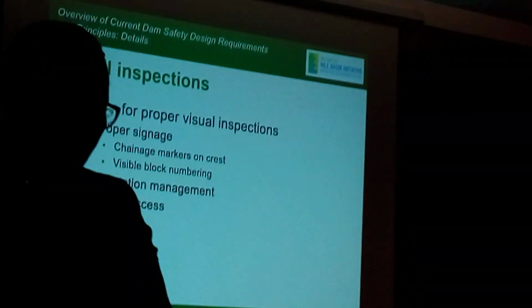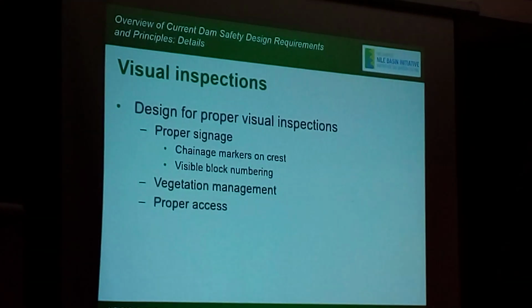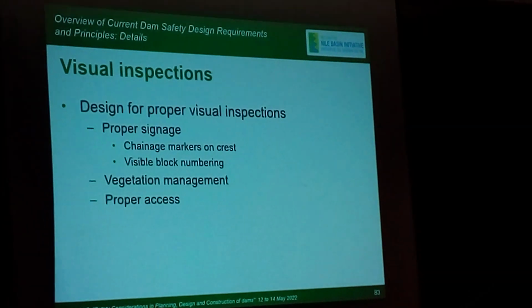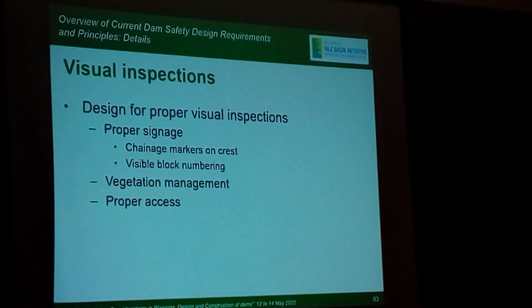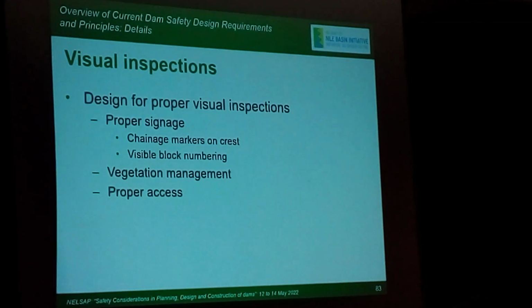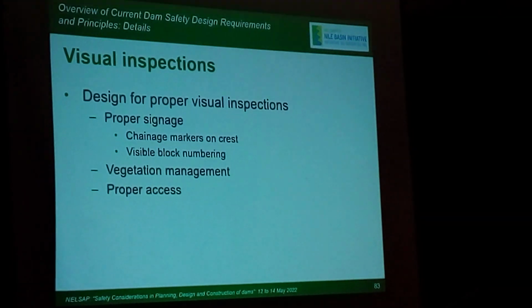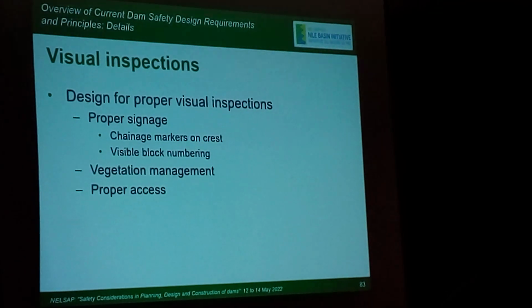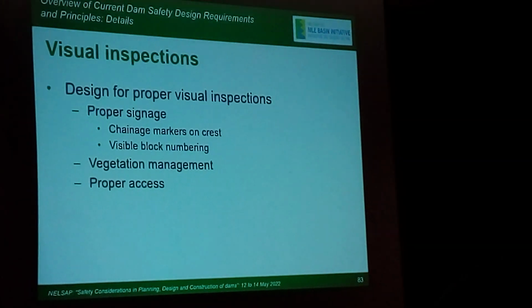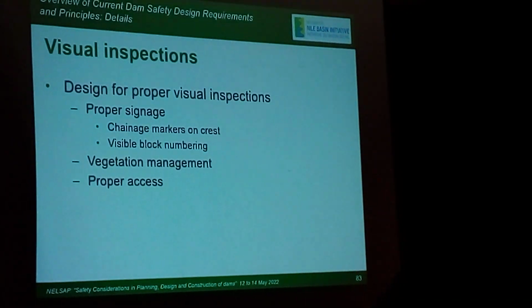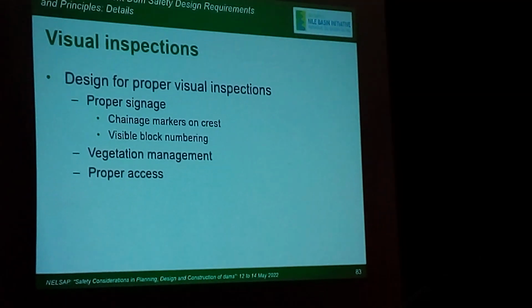All right. So let's quickly look at visual inspections. When you're busy, especially with your design of the dam, design for proper visual inspections. One of my pet hates, I get to a new dam. If I say new dam for me, but the dam has been there for 50 years.